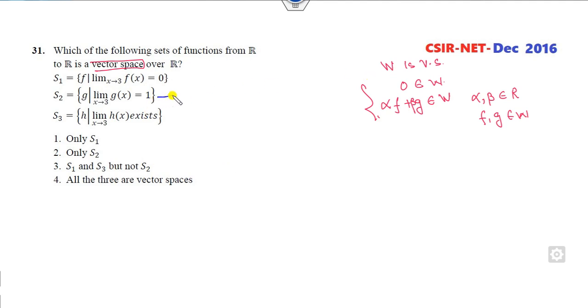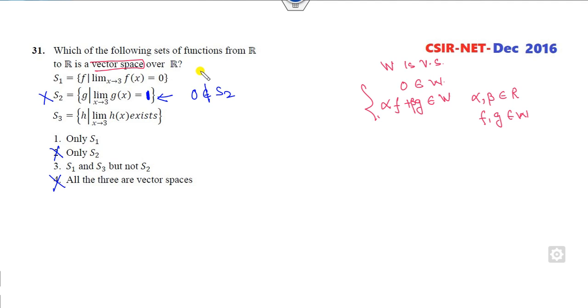Firstly, look at this pair. This is the identity, this is 1, which means 0 does not belong to S2. So this option is cancelled out. The option saying all three are vector spaces is also cancelled out. Now we have to check only S3 and S1.